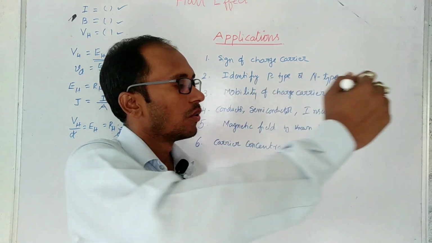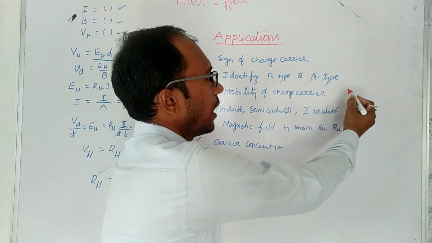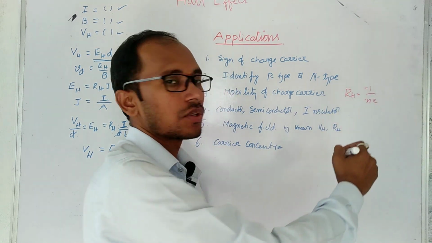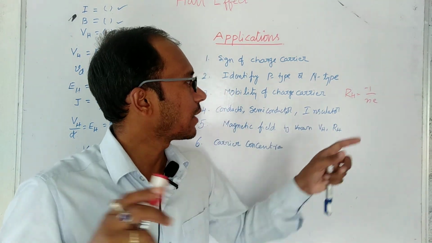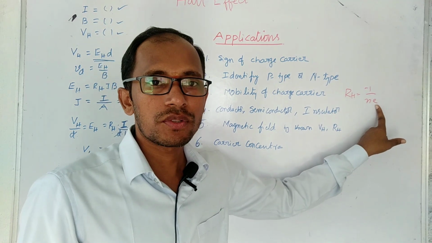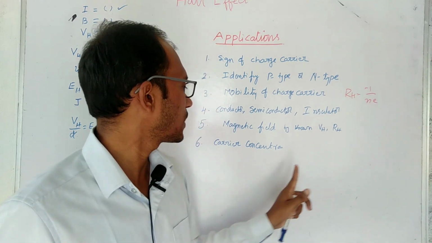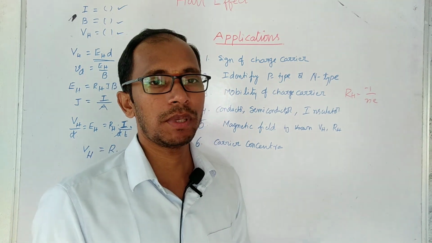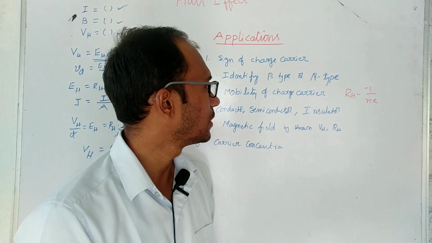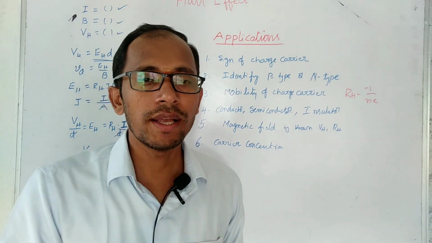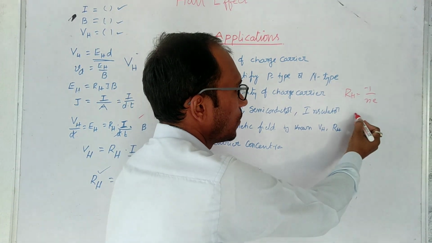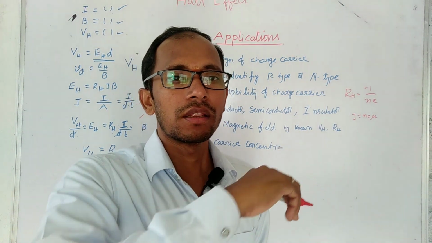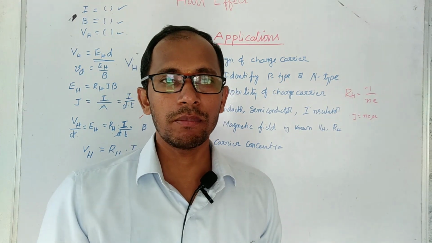Now once we know the value RH, since it is 1 by NE, if it is electrons then a negative sign will come. The charge of the electron E we know. From this we can measure the concentration of the electrons, or the concentration of the holes, for which it is 1 by P into E. Then J is equal to Ne mu, so we can measure the current density from this.